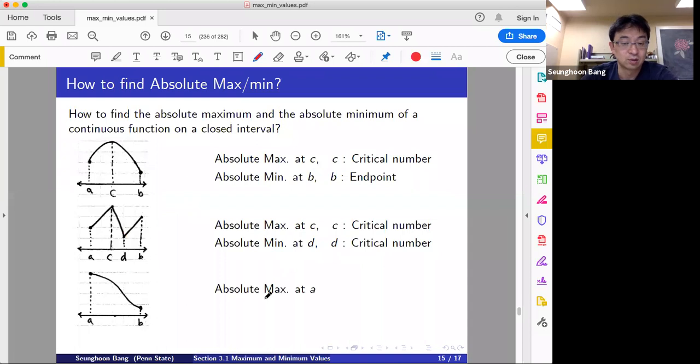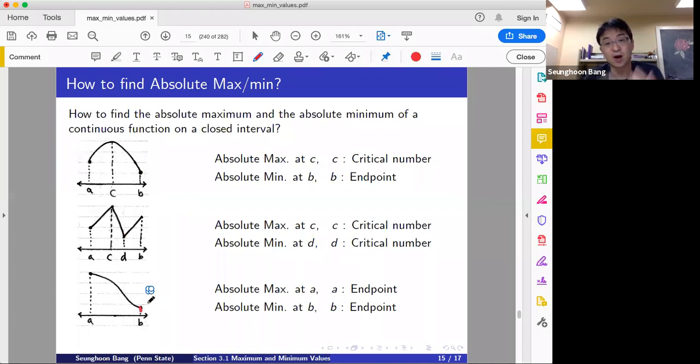The last one: absolute maximum at A. Here, A is an endpoint. Absolute minimum at B, and B is an endpoint. So, could you find the one idea for finding the absolute maximum and absolute minimum? What is the idea?